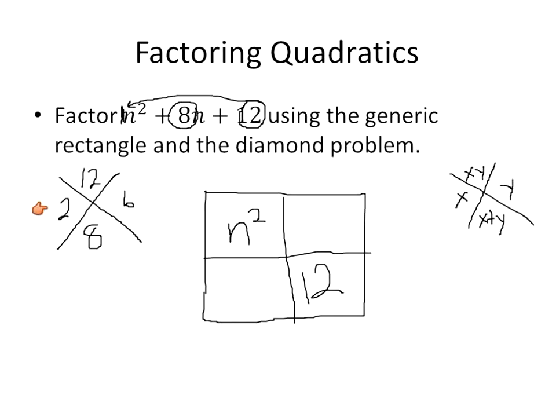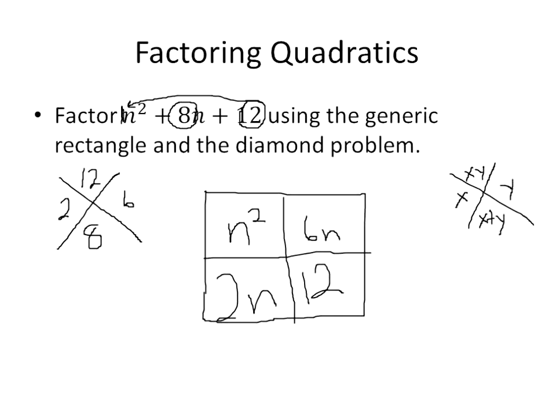When I actually build it with the algebra tiles, it makes a rectangle. And so we saw that it's going to split to 2n and 6n. It doesn't make a difference which box you put it in. So you put it here and here. And once you've got that, then all you have to do is factor.